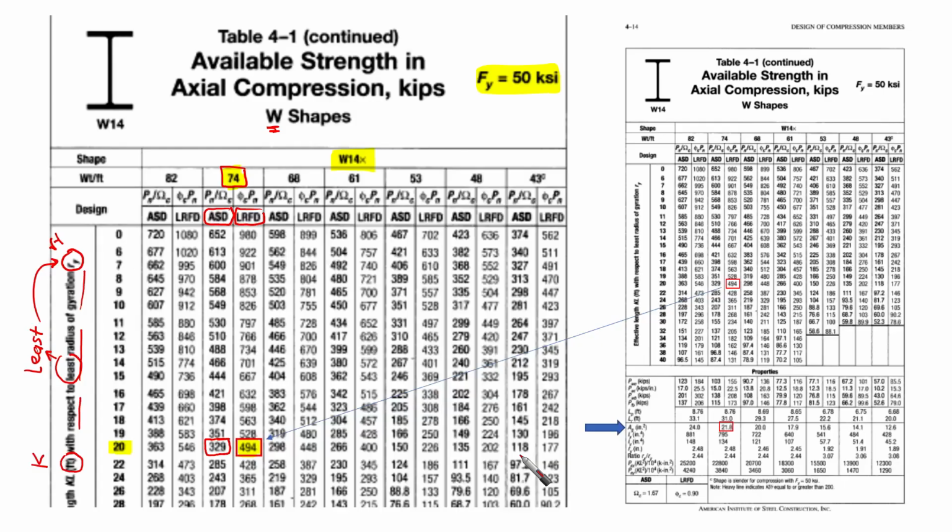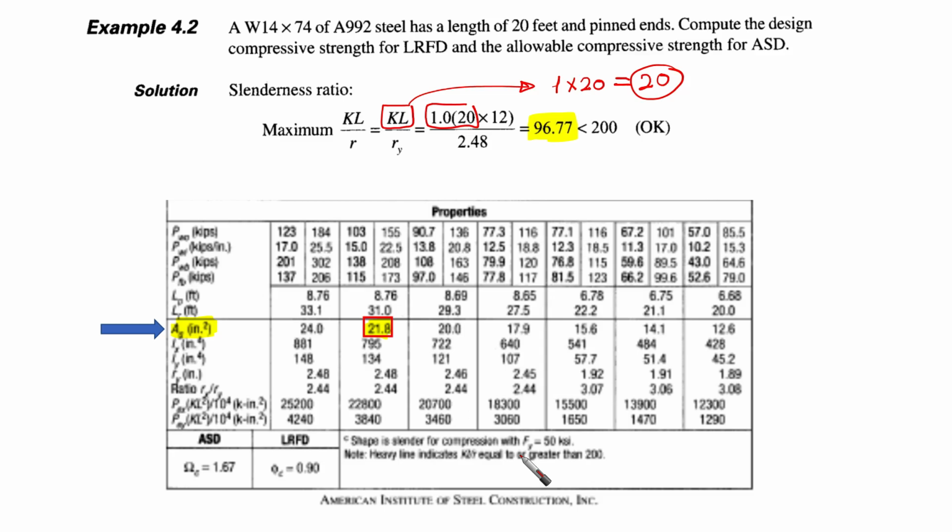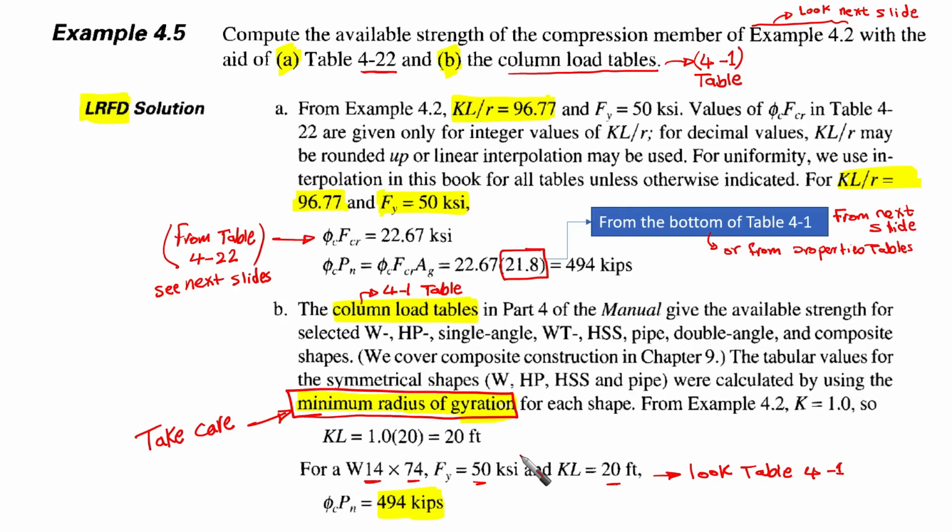And like this example, it provides you with insight on how to use the tables in general for the column design, which is going to be taken in the next video.